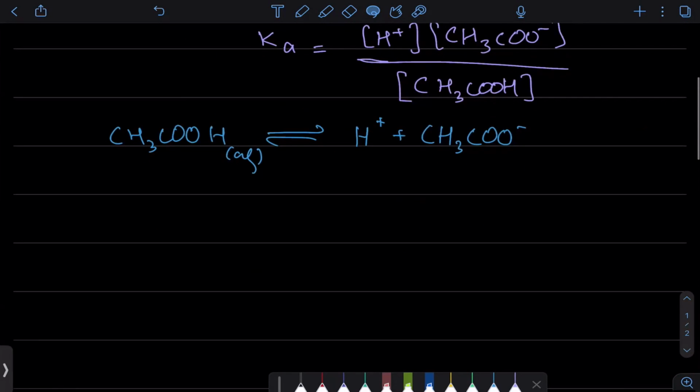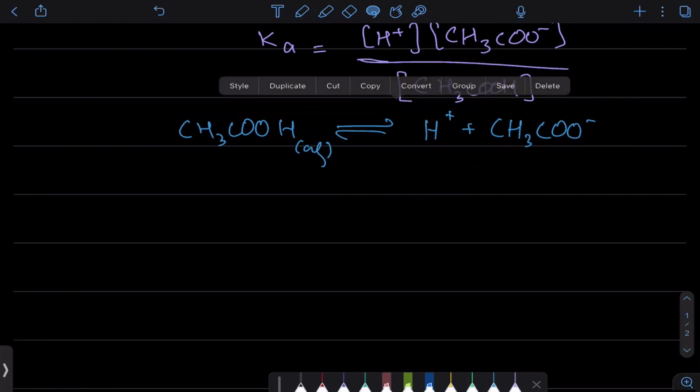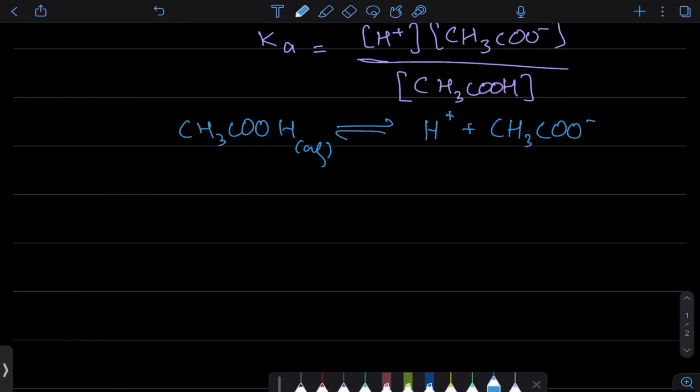So I'm going to copy this equation here. Okay, let's say I have 1% ionization. So let's say I start with 0.20 moles per dm cube ethanoic acid. And there is 1%, 2% ionization. Let's take 1%.